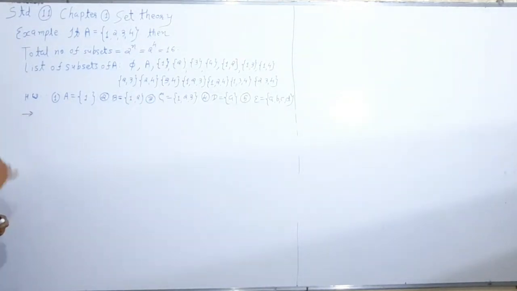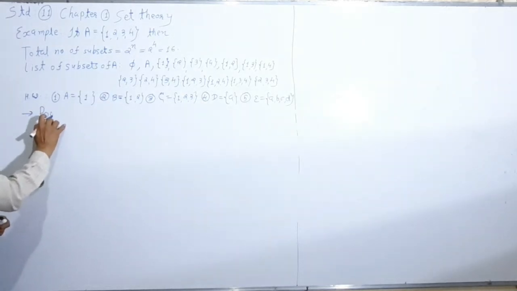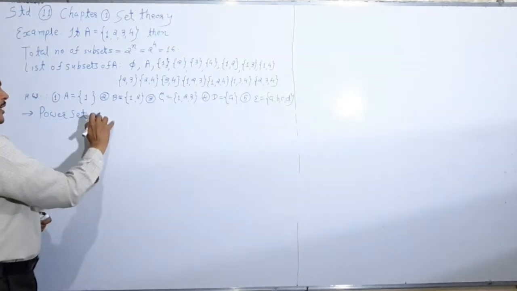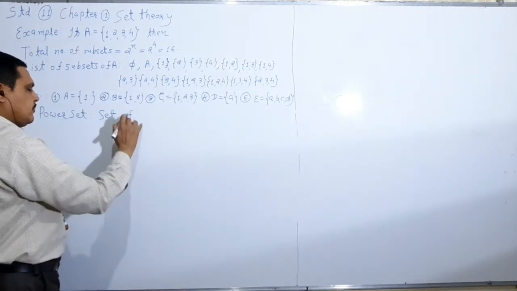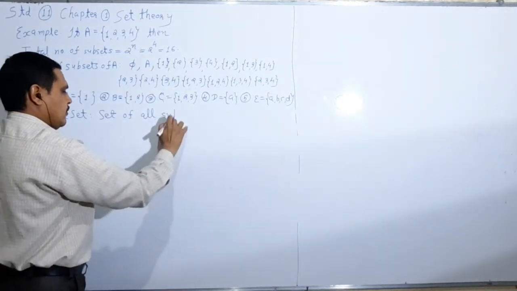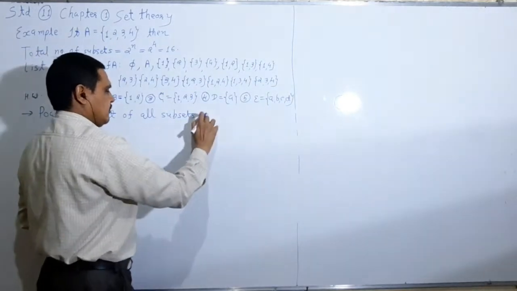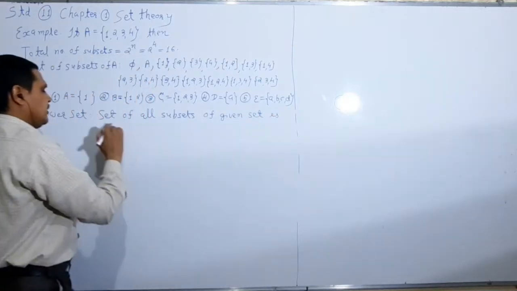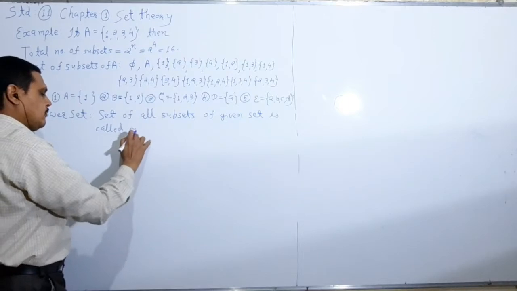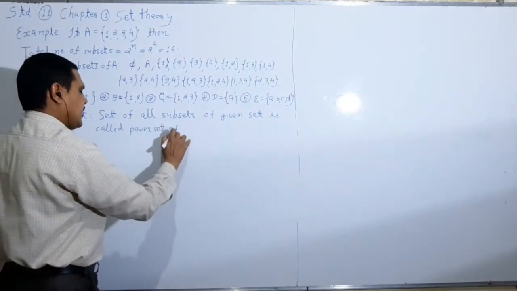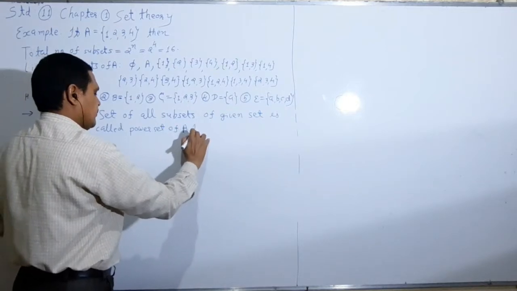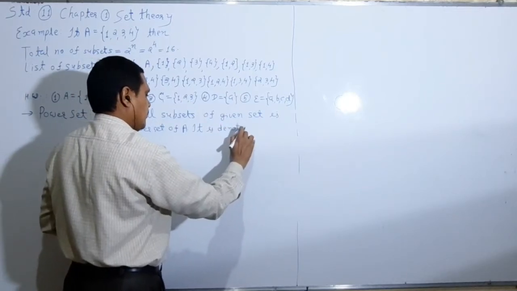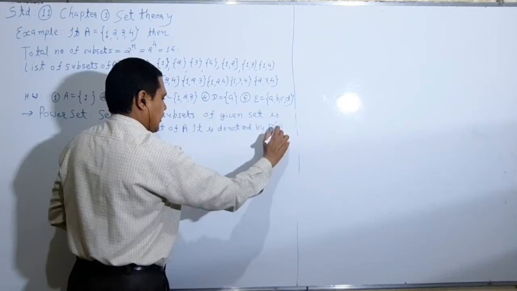Now the next topic is power set. So the definition is: set of all subsets of a given set is called power set of A. It is denoted by P(A).